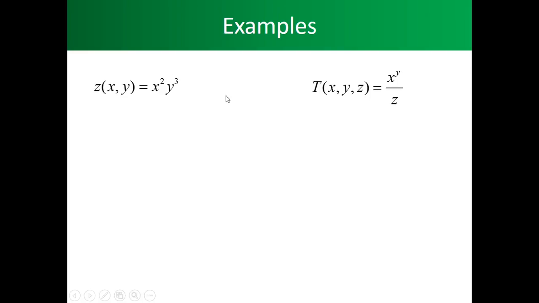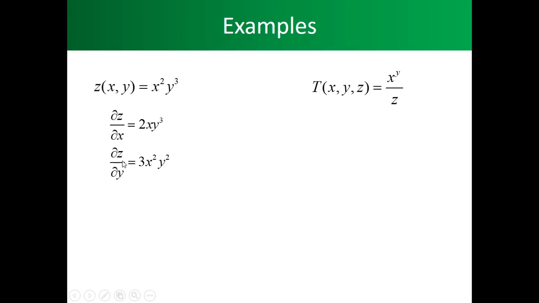Okay, so we have an example here we would like for you to practice. As you can see here, when we take the partial of x squared, we bring down the 2 and we leave the y squared.